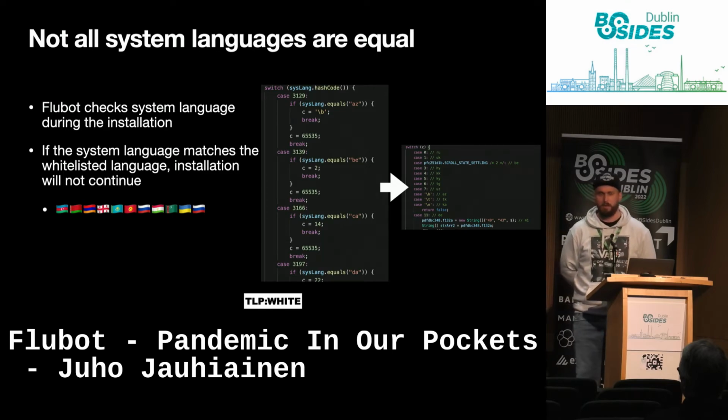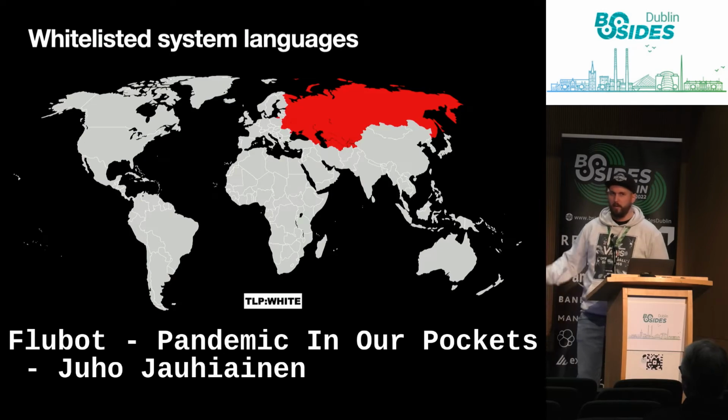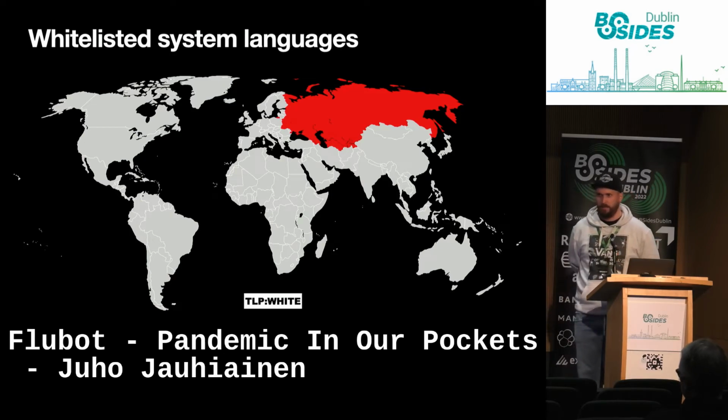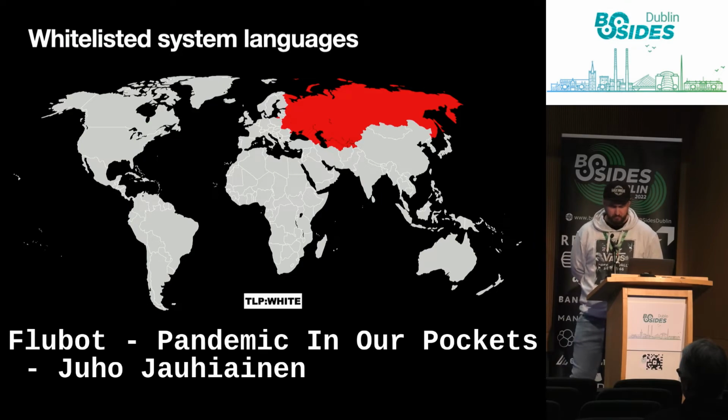And if we put these countries on a map, it looks like this. And by the way, I'm not attributing anything. I'm just saying that they are not targeting these countries, where these languages are spoken.